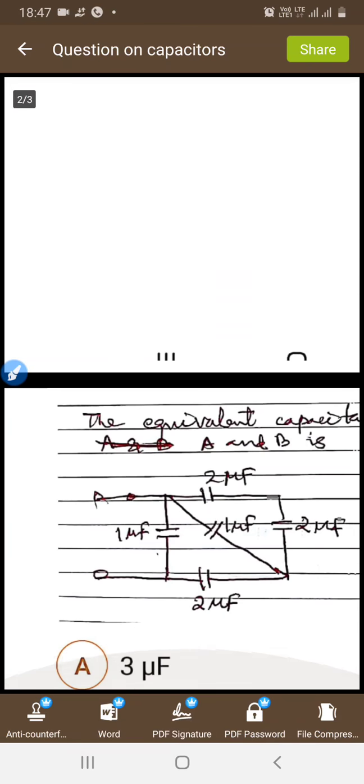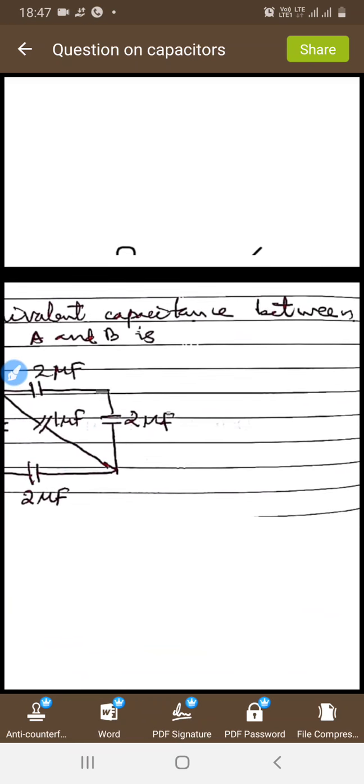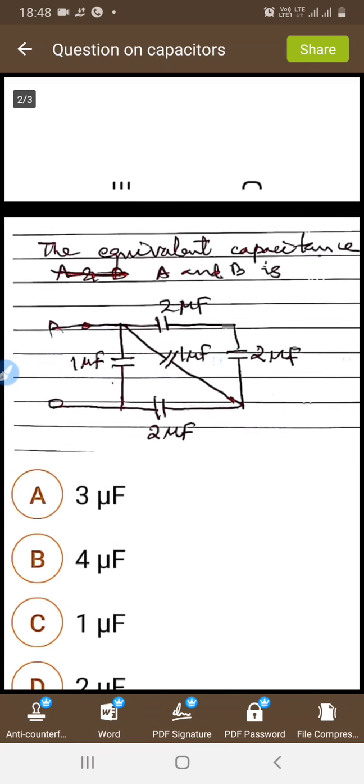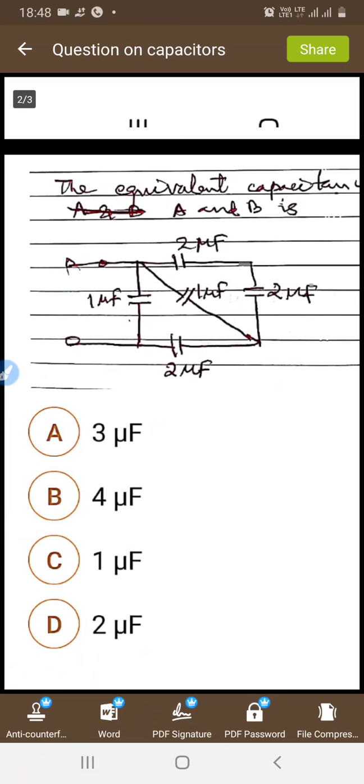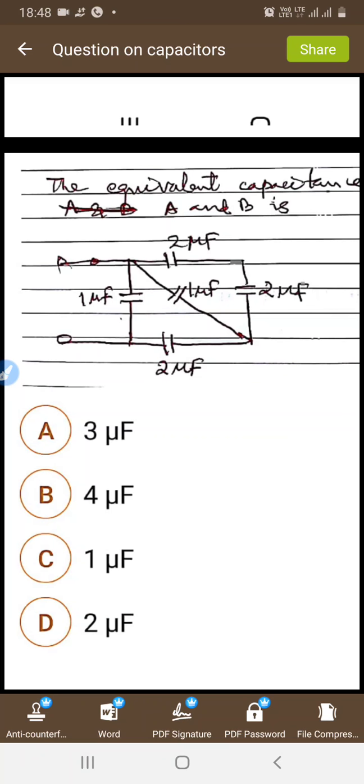Now next third part, last part, the equivalent capacitance between A and B here in this circuit. See here, 2 microfarad and 2 microfarad. Take this one point A, here take point B, and here is point C. So between A and C here will also be the same point.